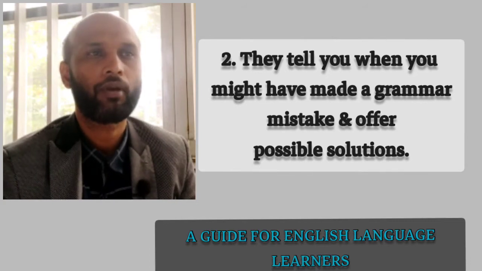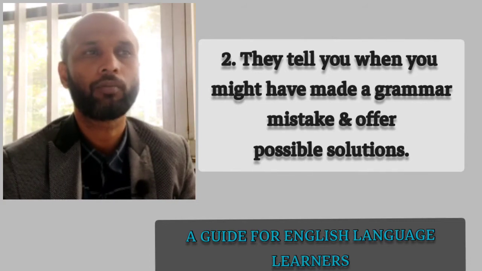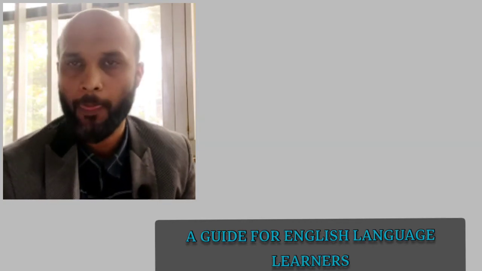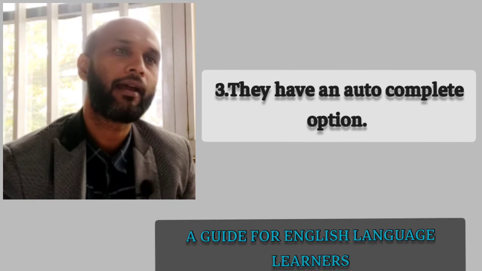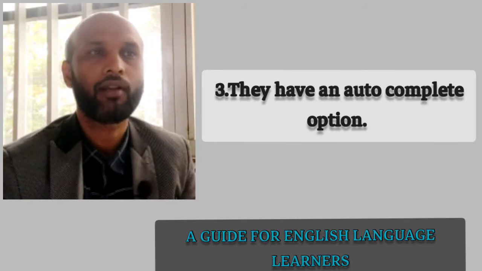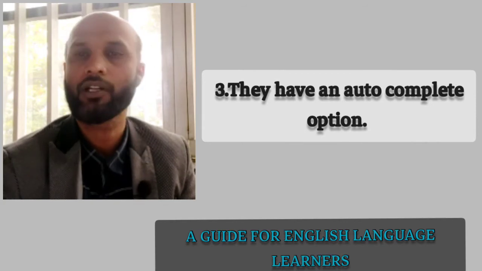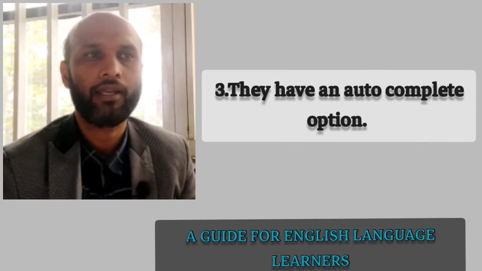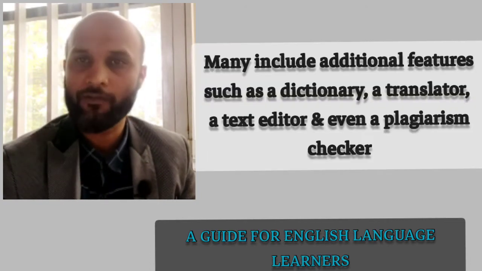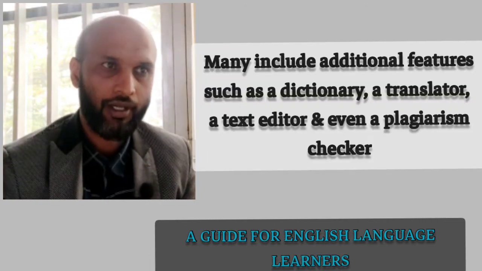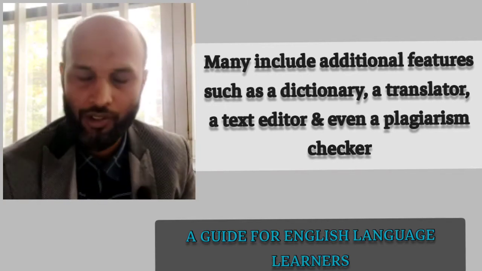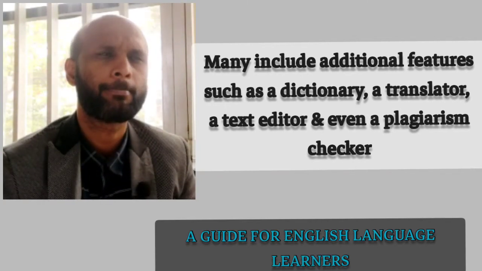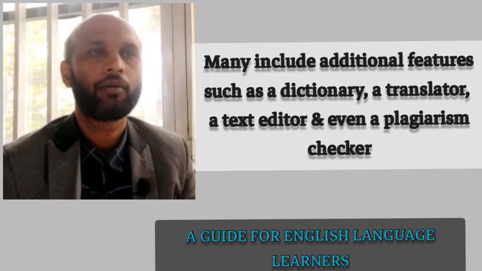For example, when a word should be in the plural, but you wrote it in its singular form. They normally have an autocomplete option, which analyzes what you are writing and gives you possible endings for your word or sentence.